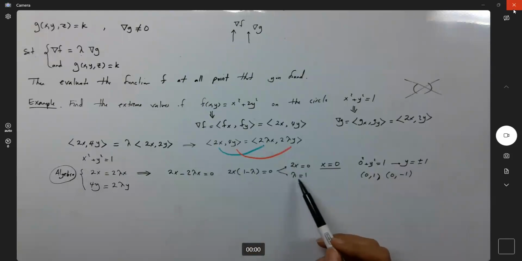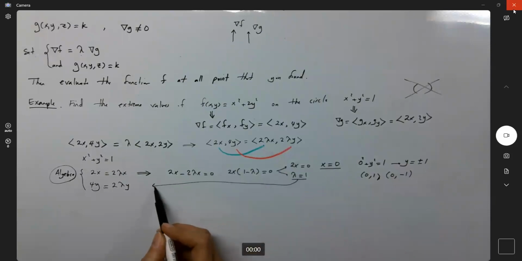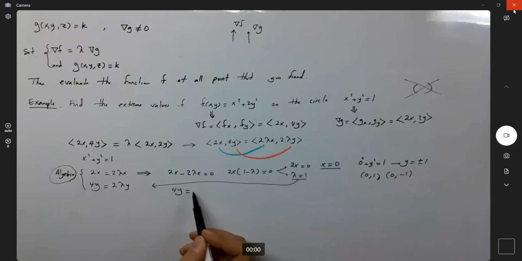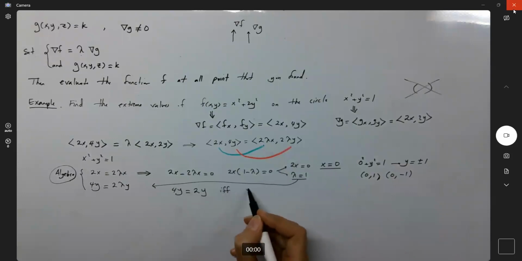Now, what if lambda is equal to 1? If lambda is equal to 1, from the second equation you get 4y equals 2y, which is true if and only if y is equal to 0.